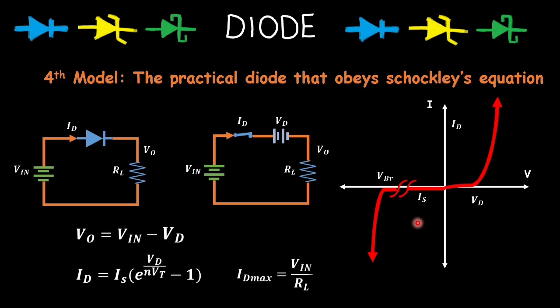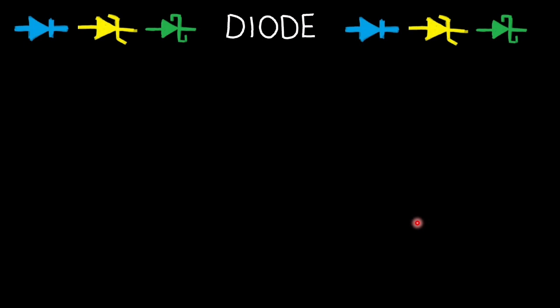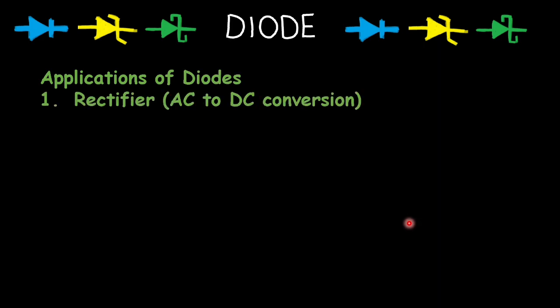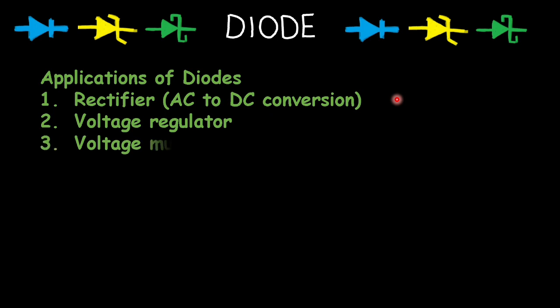Okay guys, those are the 4 diode models. Before we end this video, I just want to give you some applications of diode. One is the rectifier, and diode is being used for the AC to DC conversion. Second is a voltage regulator. Usually it is in the form of Zener diode. Third is a voltage multiplier.